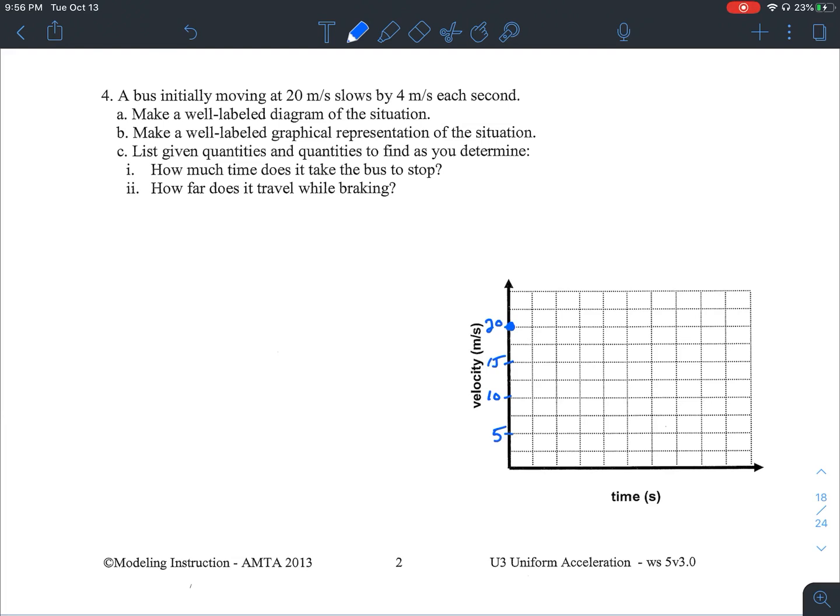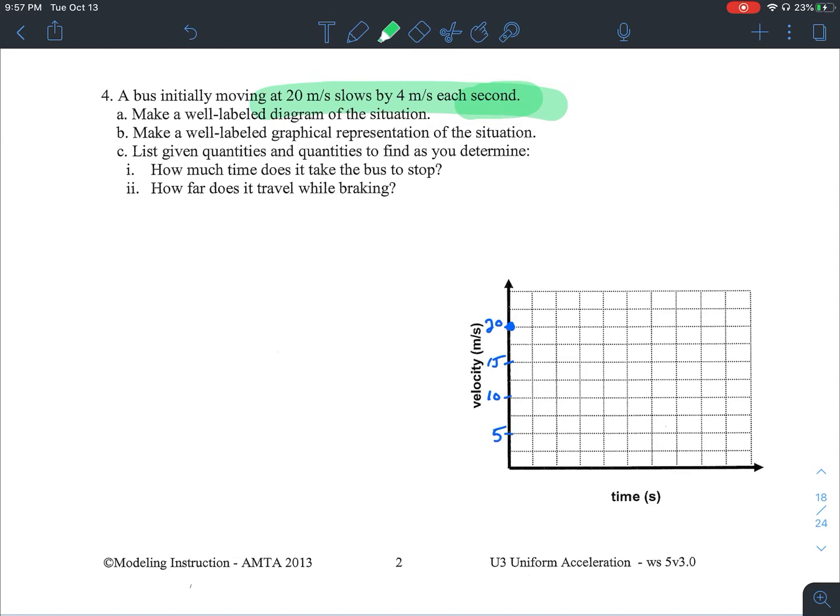So we don't exactly know how much to scale our time axis for, but we could do a little bit of logical analysis. If we know that we're starting at 20, and for each second that goes by we're going to slow down by 4, that should only take 5 seconds, right?